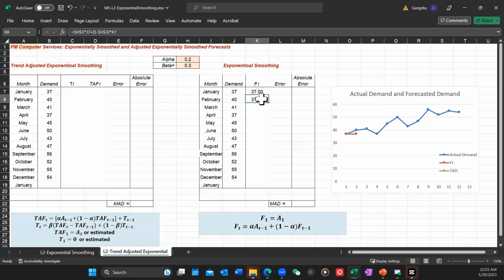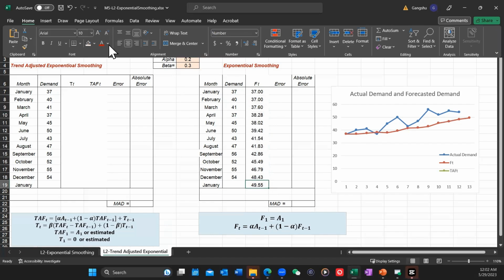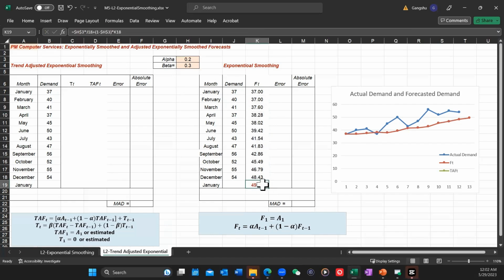That is the equation we specify for the forecasted demand function in the exponential smoothing. And I'm going to fill this function to the rest of the time period, including the next time period in the next January. So the last data point actually is our forecasting data point, okay?